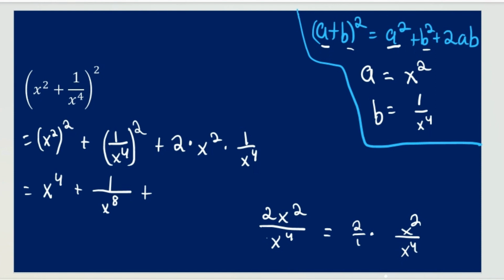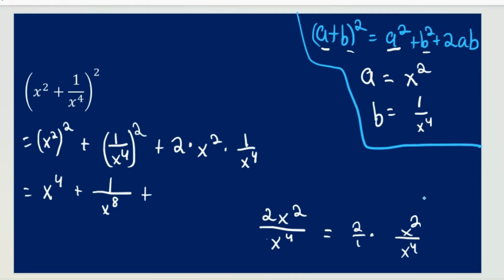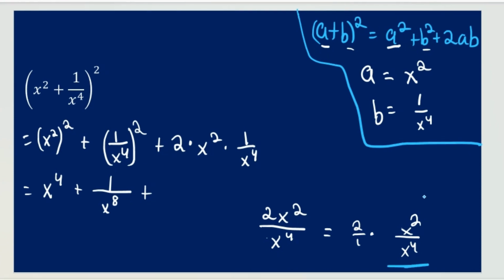So we know another formula: a to the exponent of m over a to the exponent of n equals a to the exponent of m minus n. That was our formula. Now we can use that formula for this fraction.